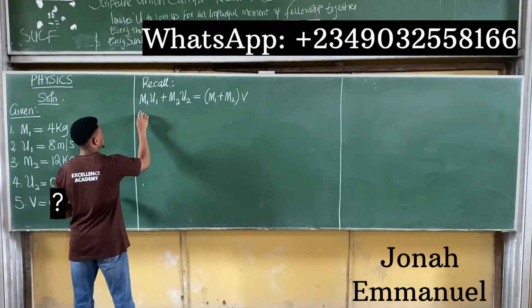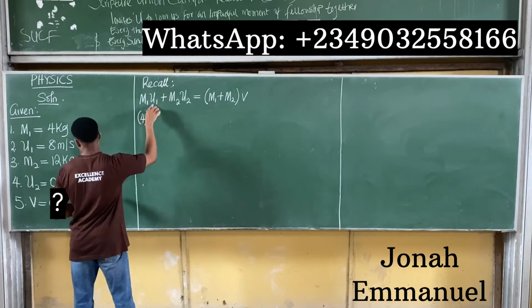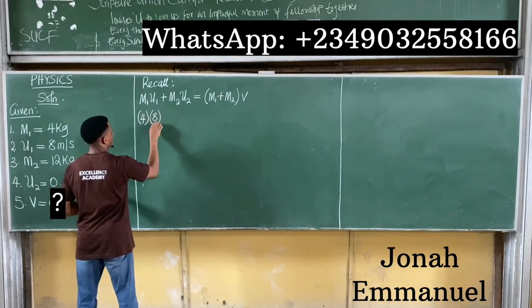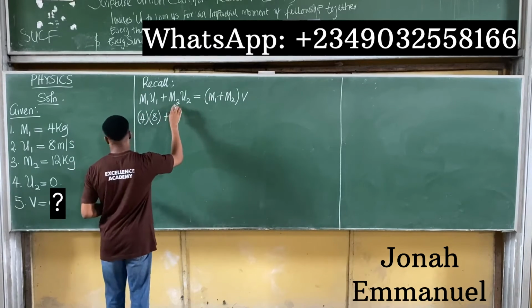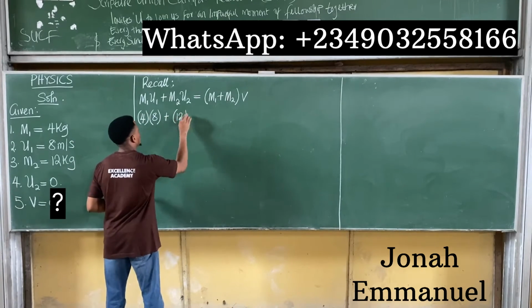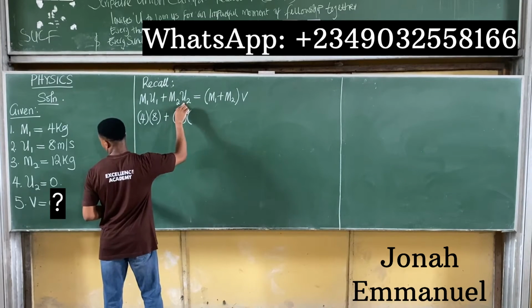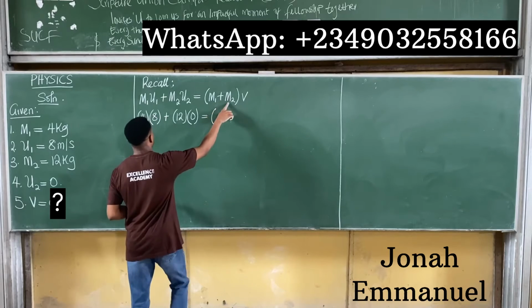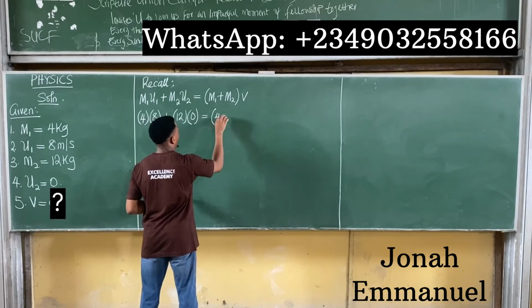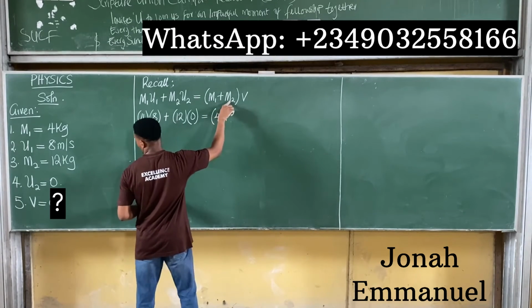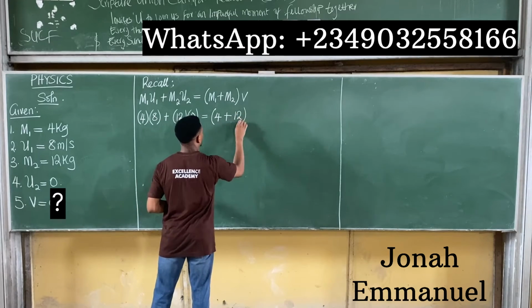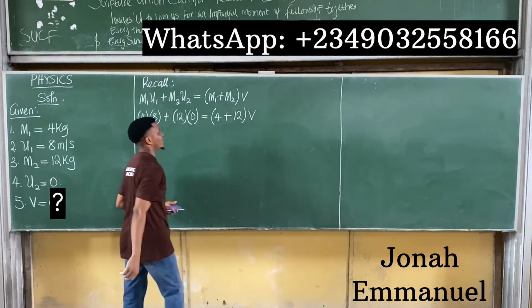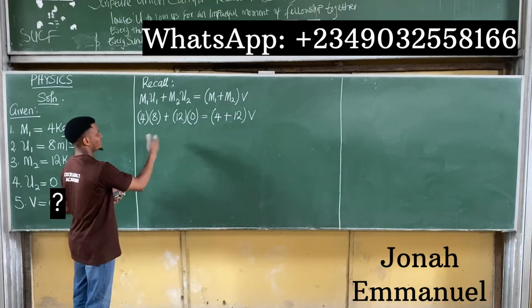M1 is 4, so I have 4 into U1, U1 is 8, plus M2, which is 12, into U2, U2 is 0, is equal to M1, 4, plus M2, 12, into V. I simply brought in the values here.